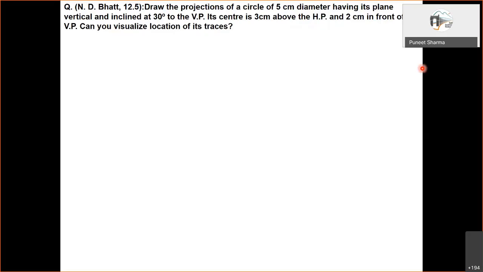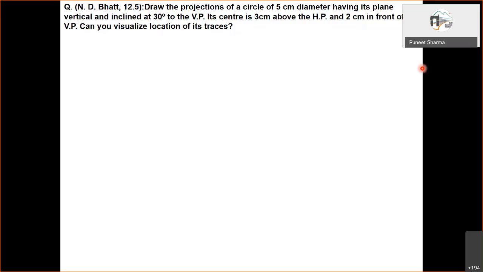So the problem is similar. In the previous problem, the inclination of the plane was with the horizontal plane, but it was perpendicular to the vertical plane. Here that has been reversed. It is perpendicular to the horizontal plane and inclined with the vertical plane.